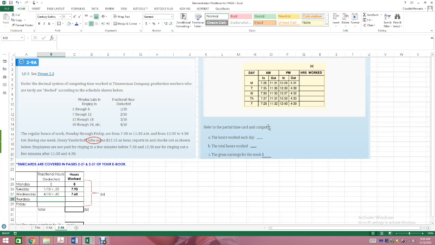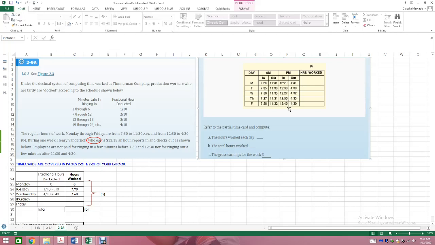Now, on Thursday, the employee clocked in at 7:27, a few minutes early, but they don't get paid for that. He clocked out at 11:31, 1 minute after. He doesn't get paid for that either, according to the instructions. Then he clocked back in from lunch at 12:50. At what time should Henry have clocked back in from lunch? According to this, Henry's lunch is from 11:30 to 12:30.